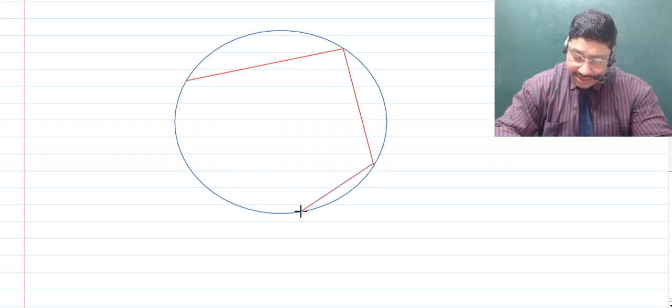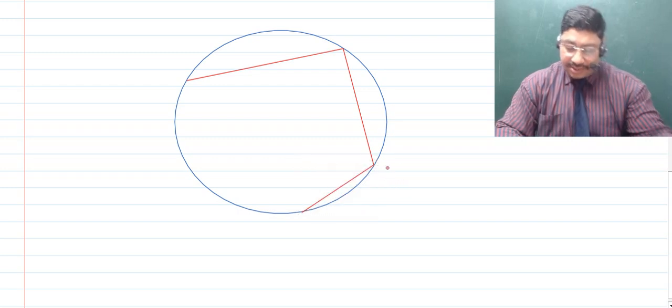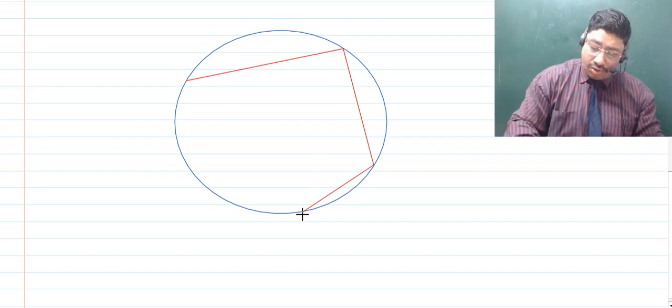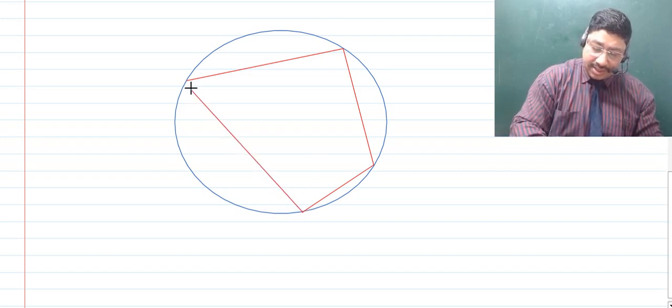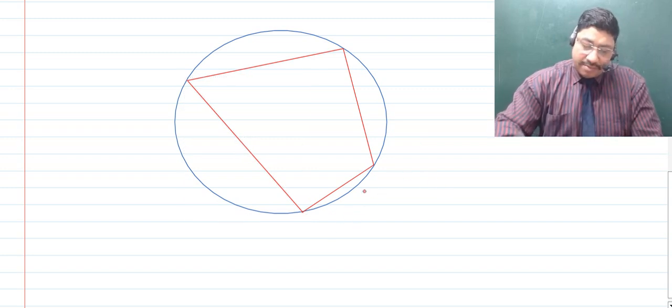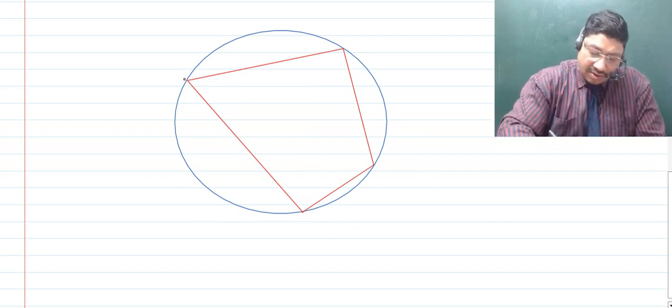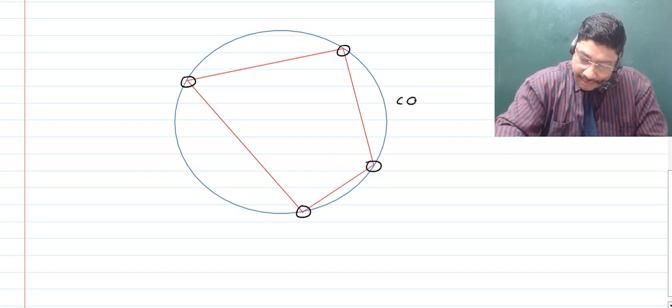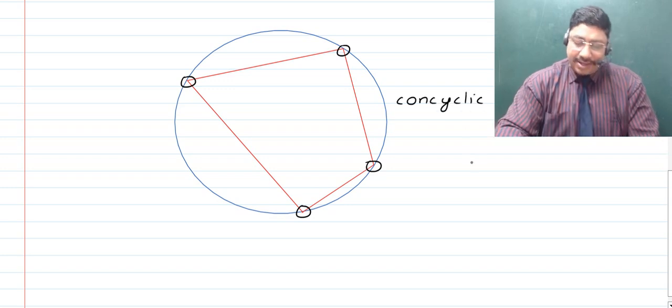So here, we have such a quadrilateral being formed that all of its vertices are on the circumference of the circle. And you also have to remember that these 4 points are said to be concyclic, C-O-N-C-Y-C-L-I-C, right?